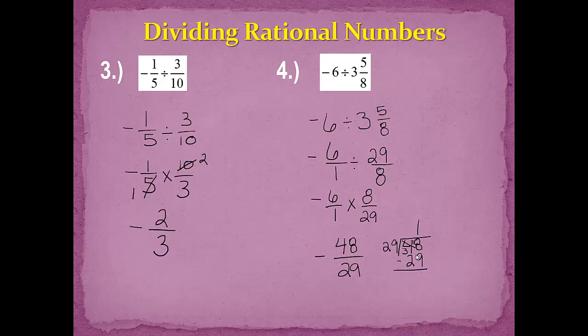And then I have 18, so 18 minus 9 will be 9. And 3 minus 2 is 1. So I have 1 and 19/29. I need to remember that my answer was negative. So my answer is going to be negative 1 and 19/29.